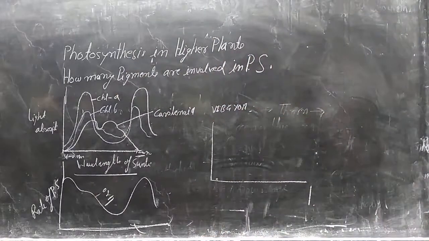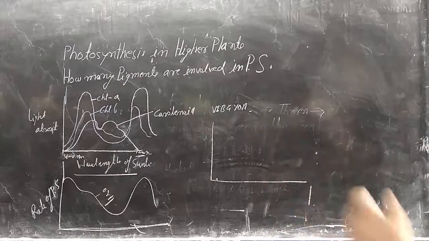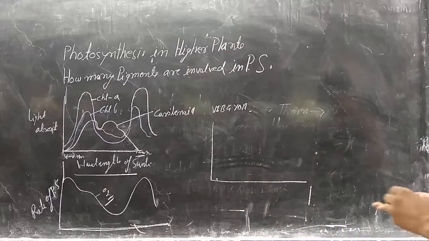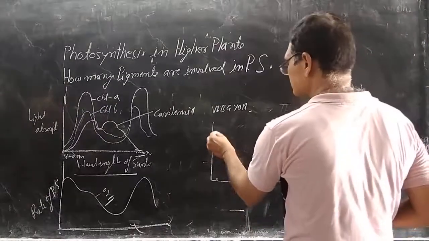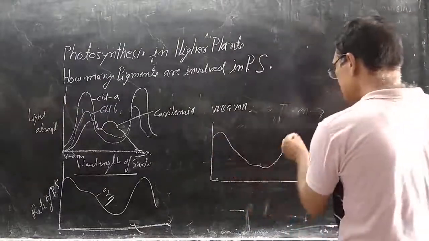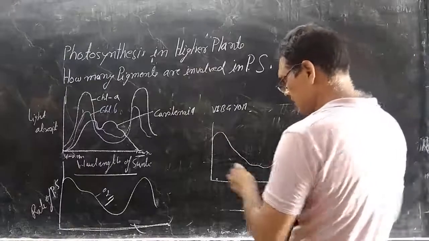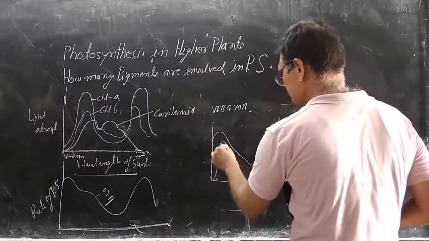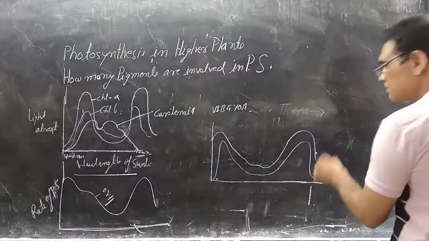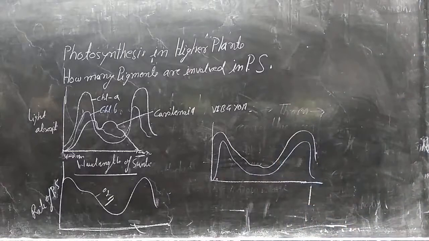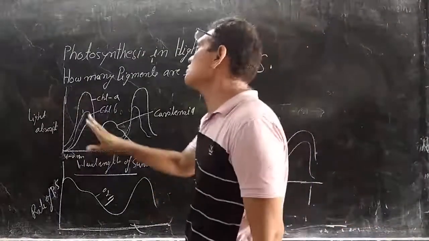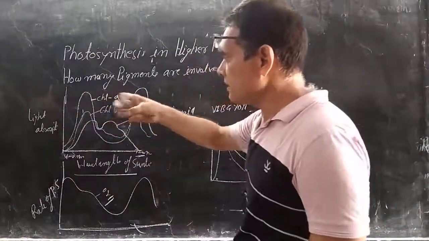Whenever more oxygen is released from the leaves, the rate will be higher, and less oxygen released means the rate will be lower. If we compare both graphs, this one is the rate of photosynthesis and this one is light absorption. So these are the three graphs showing the different types of pigments absorbing sunlight.